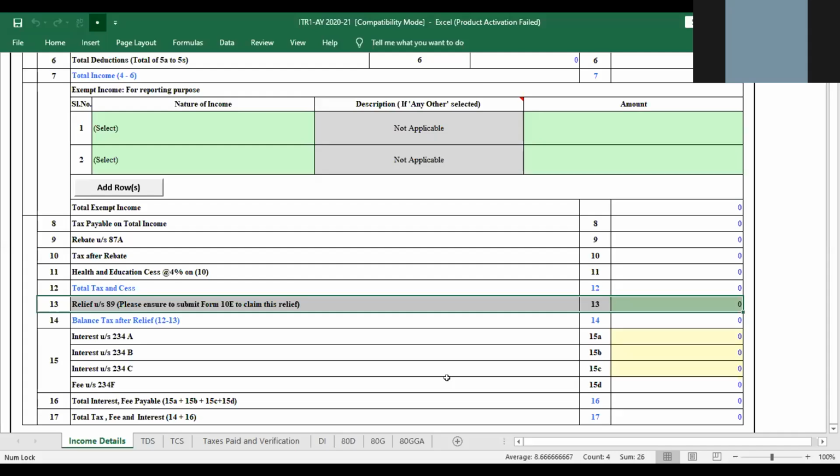To get relief, you have to compulsorily fill this form. The form is 10E. So you have to fill the form as to which year's income you have received and how much was the tax rate and differential. So you get a tax benefit over here. Now, this relief will be very applicable, practically applicable next year probably, because during this COVID period right now, many people have got salary cuts, deferred salary.